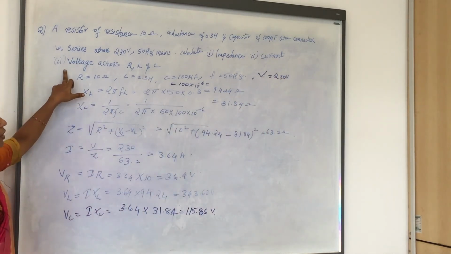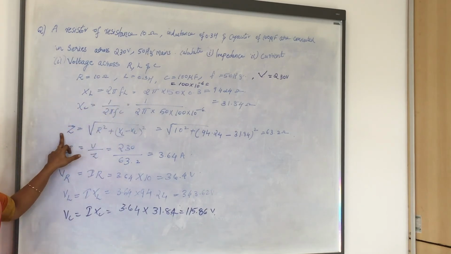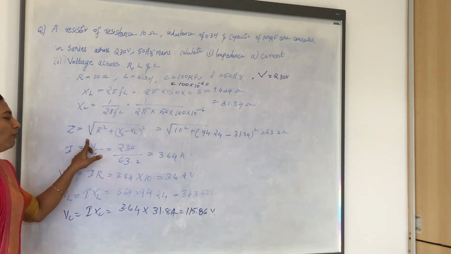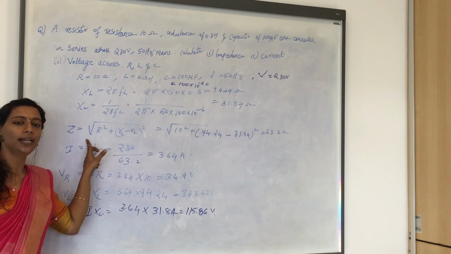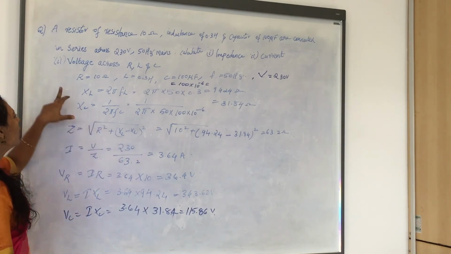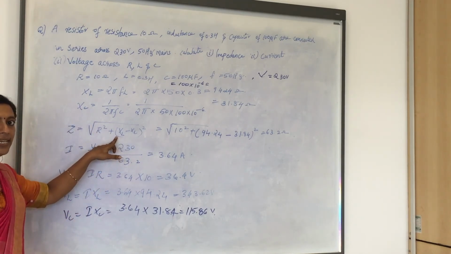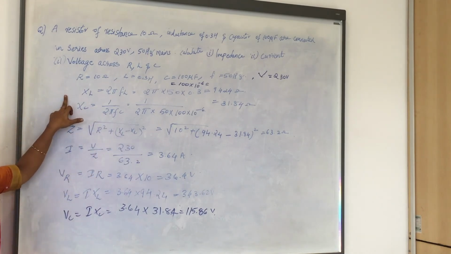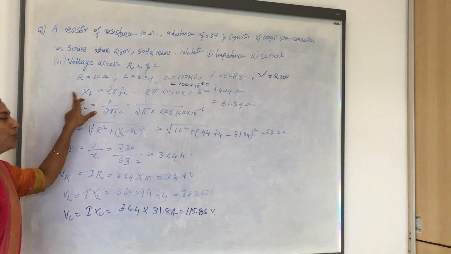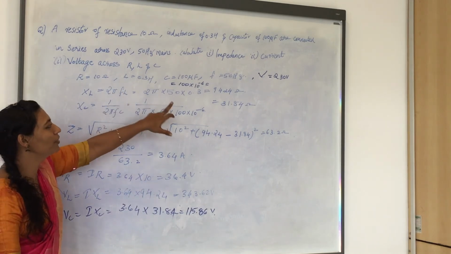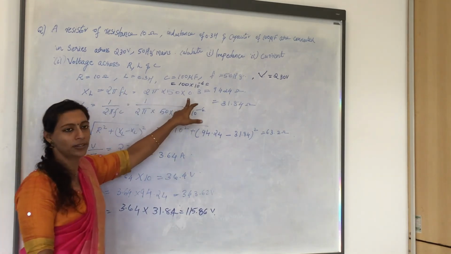Next, first we have to find the impedance. Impedance Z is equal to root of R square plus XL minus XC all square. So first we have to find XL and XC. Inductive reactance XL is equal to 2 pi F L. F is 50 Hz and L is 0.3 Henry.